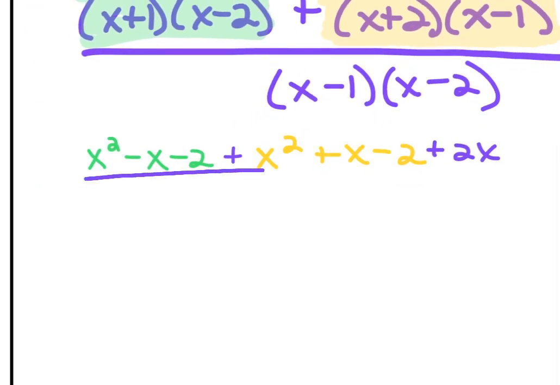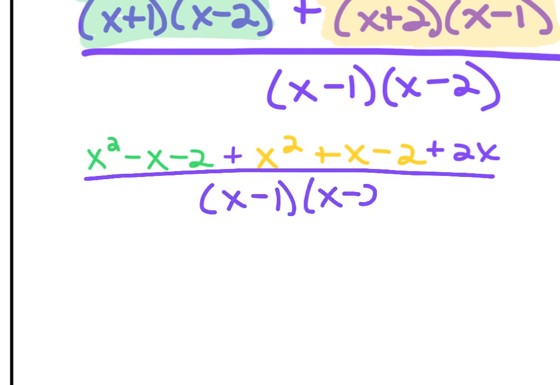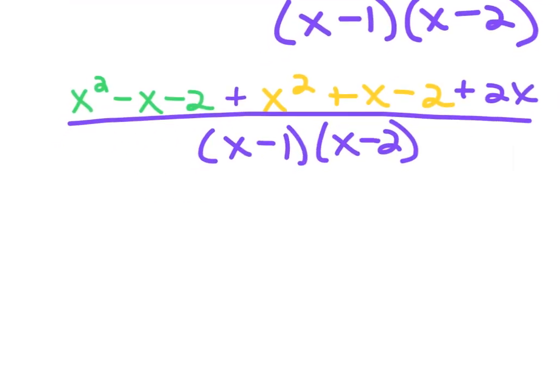And I'm still going to keep all of that over my denominator, x minus 1 times x minus 2. And now I'm going to combine like terms. And when I do that, I get 2x squared plus 2x minus 4.